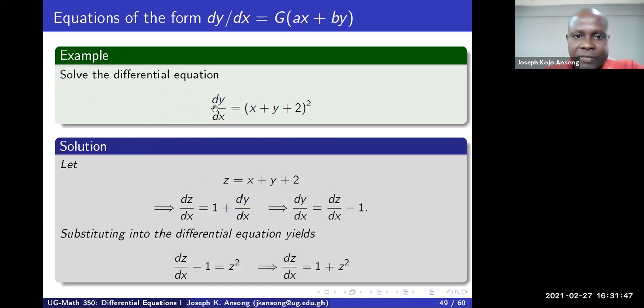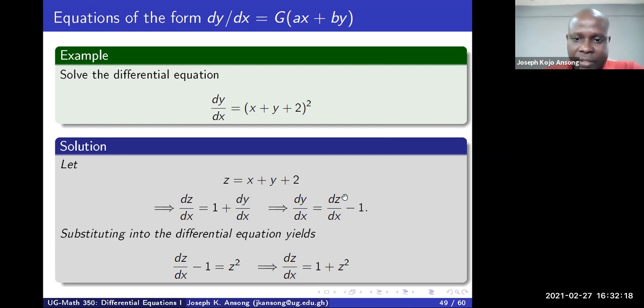Solve the differential equation dy/dx is equal to (x + y + 2) all squared. You will notice that this is different from the forms we encountered already. So what you do is let z be equal to what is in the bracket, z equals x plus y plus 2, and find the derivative of z with respect to x. You get dz/dx is equal to 1 plus dy/dx, since the derivative of the constant goes to 0.